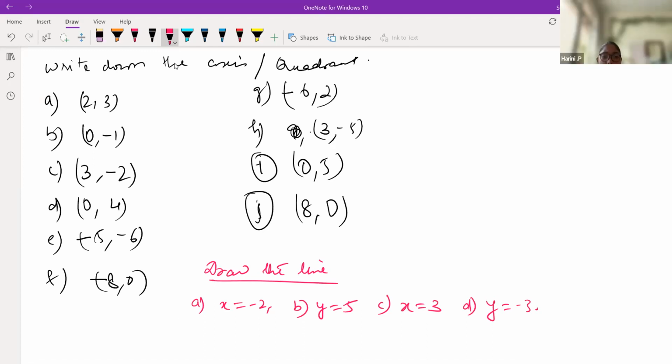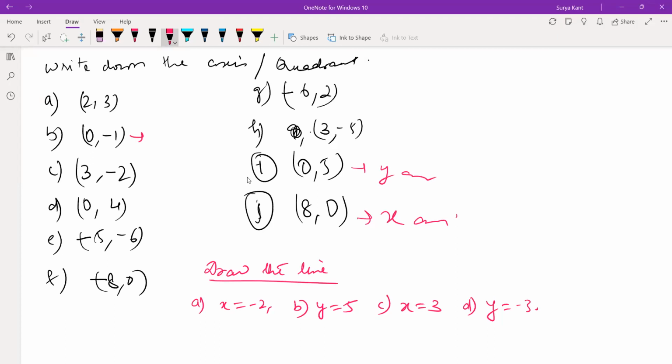So the J one is 8, 0, right? Yes, 8 comma 0. This is on the x-axis, right? Yes. This is the first quadrant. This one is the fourth quadrant.